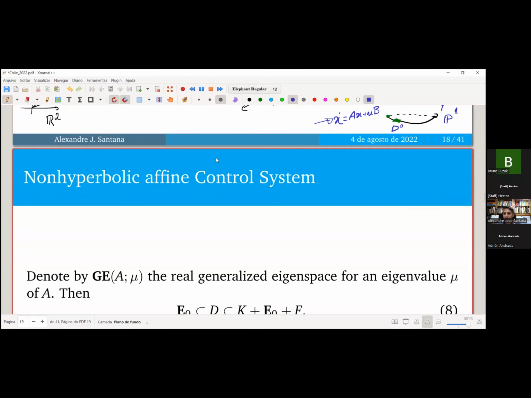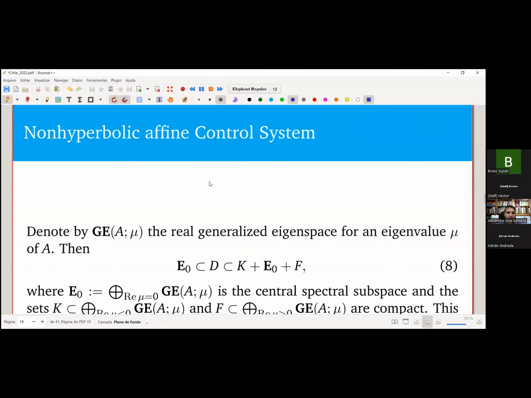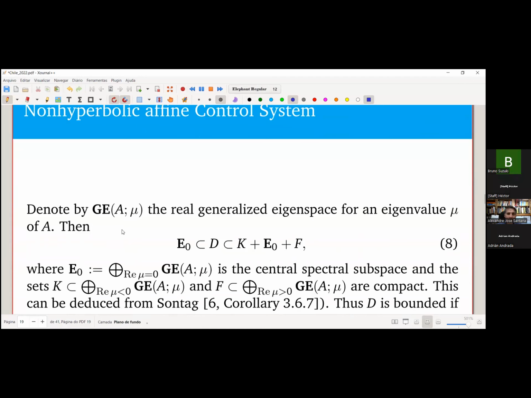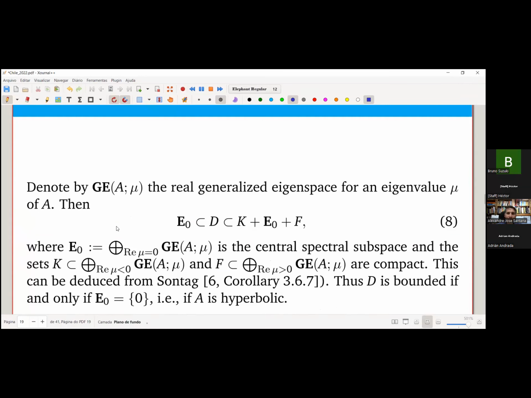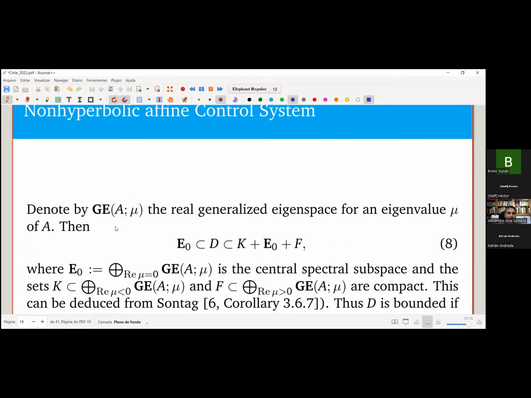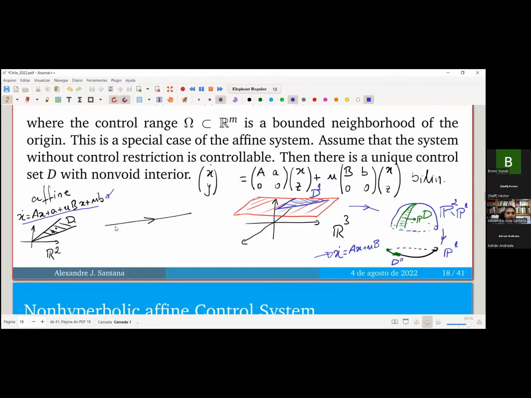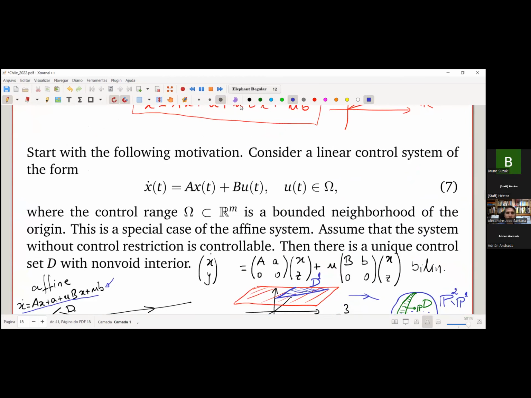So let me put it in a clearer situation. Here I will consider a very special case. Take this very simple control system. This is a linear control system with control range in Rm.